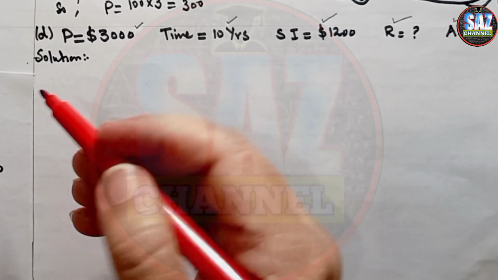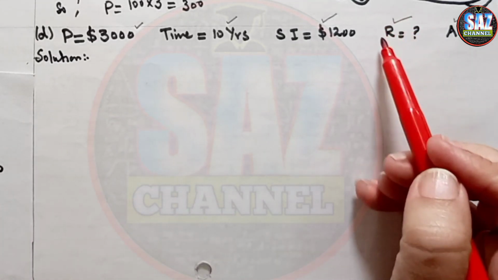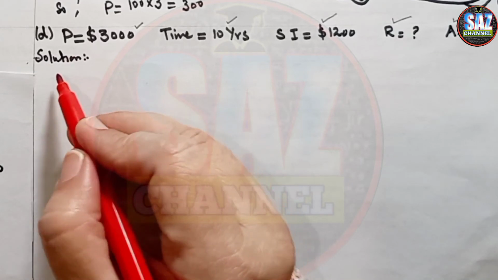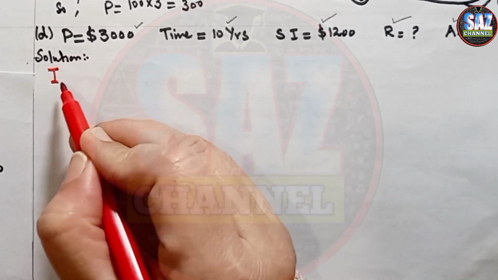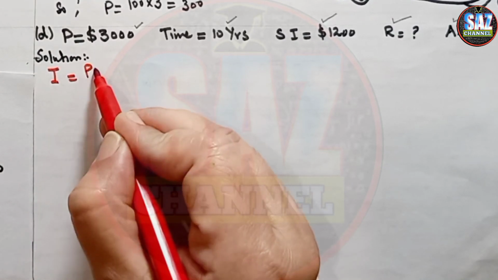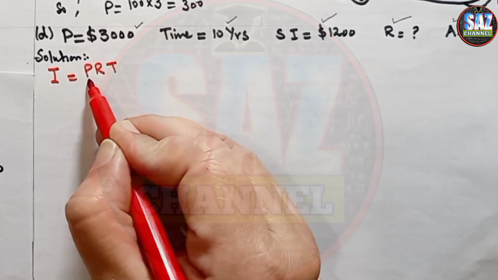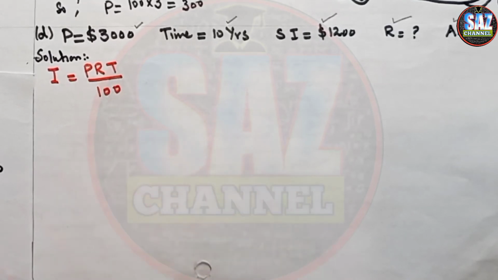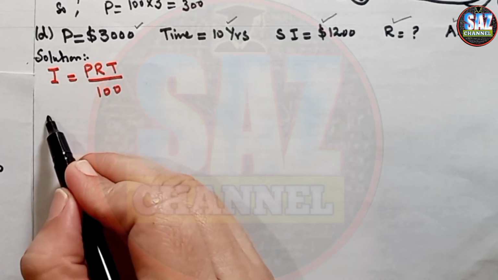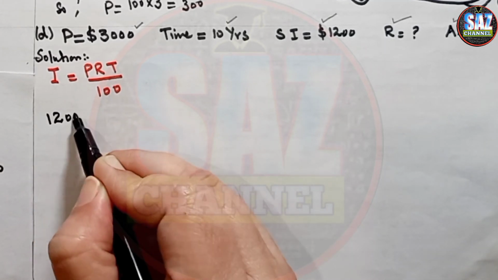First of all, we know that in order to find the rate of interest, we have to use the formula of simple interest, that is I equals PRT upon 100. Now instead of I, I will be replacing 1200.